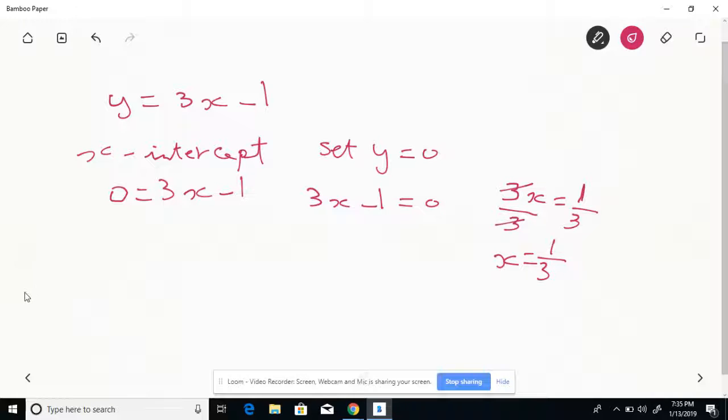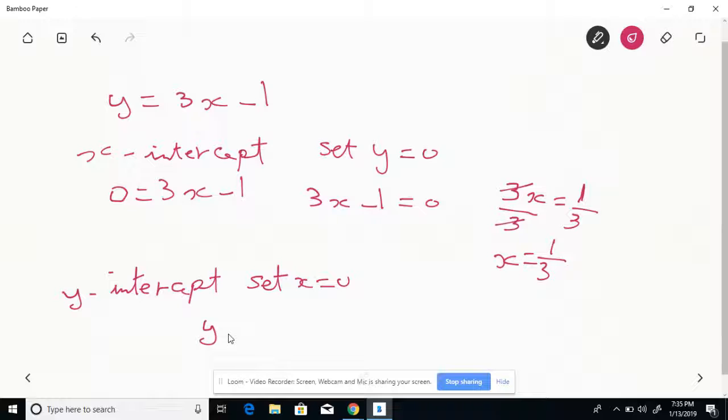So for the y-intercept, we set x equals 0.